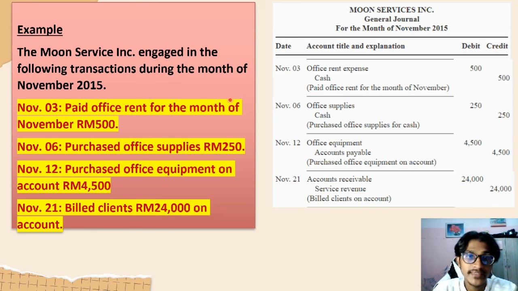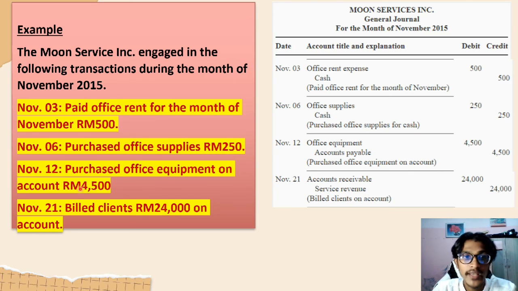Same as the rest, the next is purchase office supplies, RM 250,000. The maker has to decide which accounts will be involved, which are office supplies and cash, with debit and credit, and the date, which is November 6th. And don't forget the narration, which is purchase office supplies for cash.